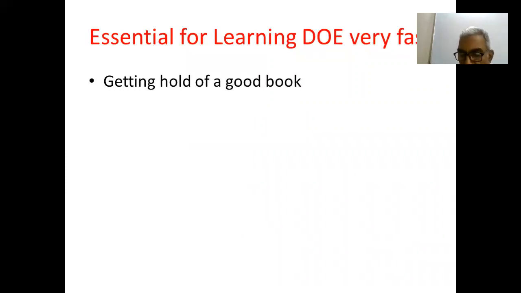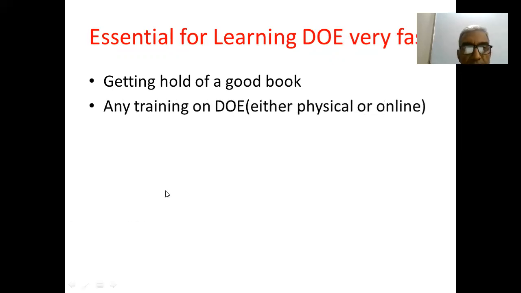So what are the things which are essential for learning DOE very fast? You must have a good book, which should not be very theoretical, but both theoretical as well as practical. If you go through the books, sometimes it is very difficult to comprehend if you are doing self-learning, because there is so much mathematics involved.